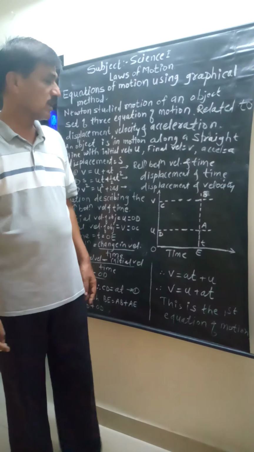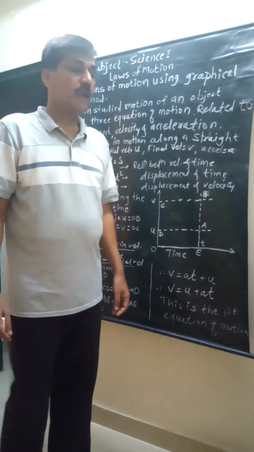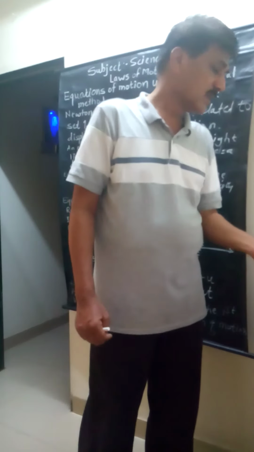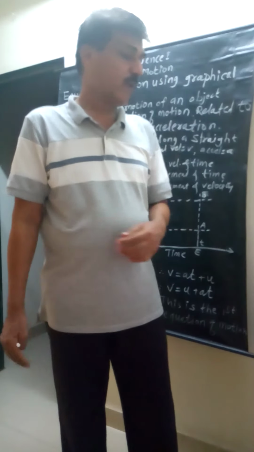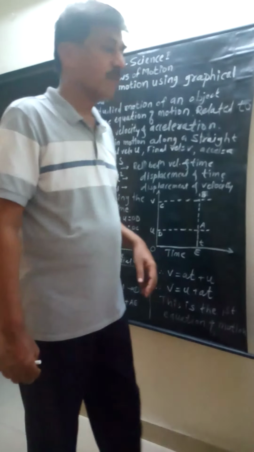First equation of motion, relation between velocity and time. You have to find out two more equations. The second equation describes the relation between displacement and time, and the third equation describes the relation between displacement and velocity.